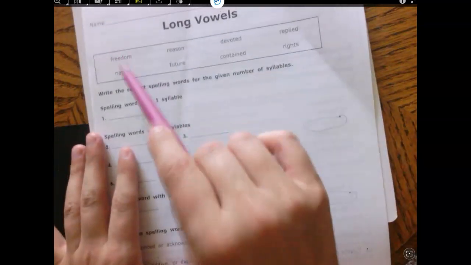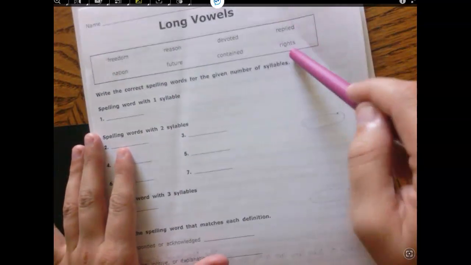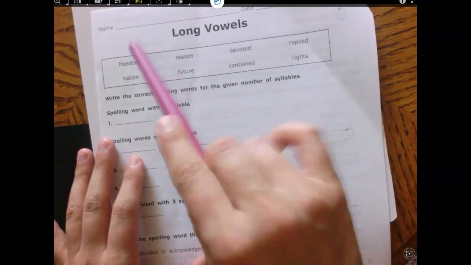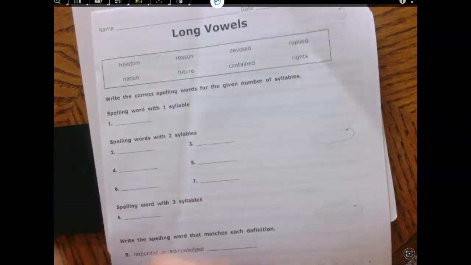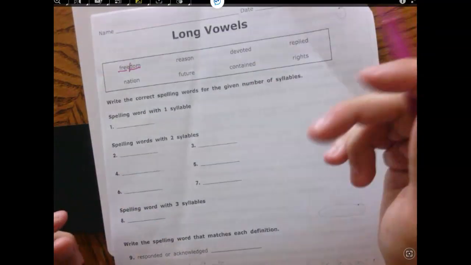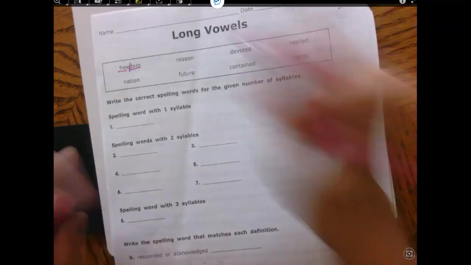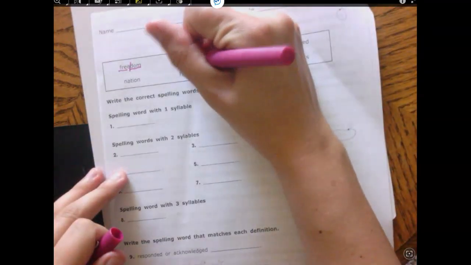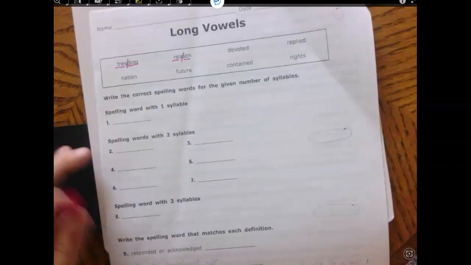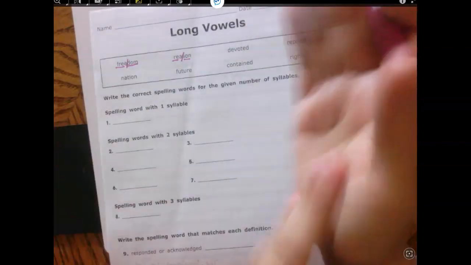So let's figure out which one of these words up here only has 1 syllable. So we have the word freedom. That's 2 syllables, correct? 1, 2. Reason, once again, 2 syllables. Devoted, 3.